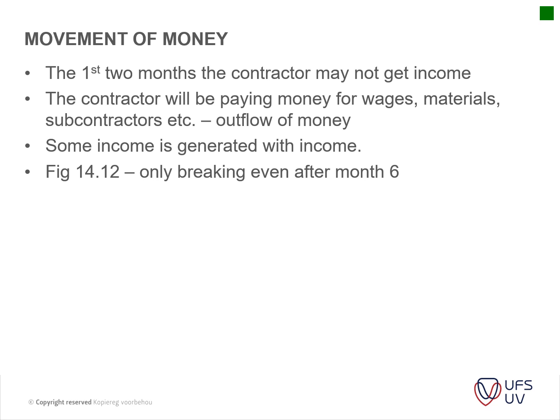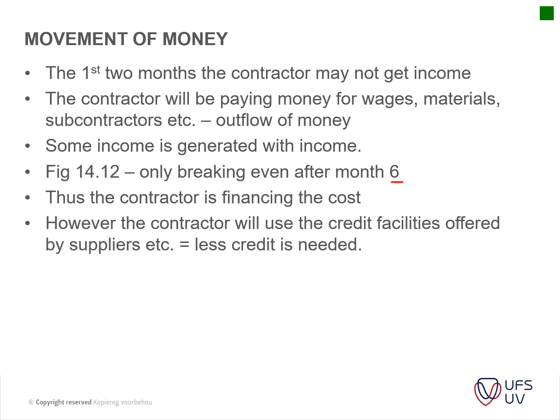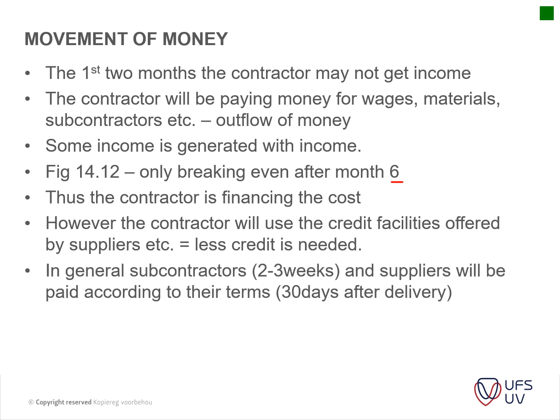You will see that you only break even after 6 months in the project, where your project actually gets into a positive cash flow. Thus, the contractor is financing the project. However, the contractor will use the credit facility offered by suppliers to lessen the impact of this deficit. In general, subcontractors you pay within 2 to 3 weeks, and suppliers will be paid according to their terms, 30 days after delivery or so.